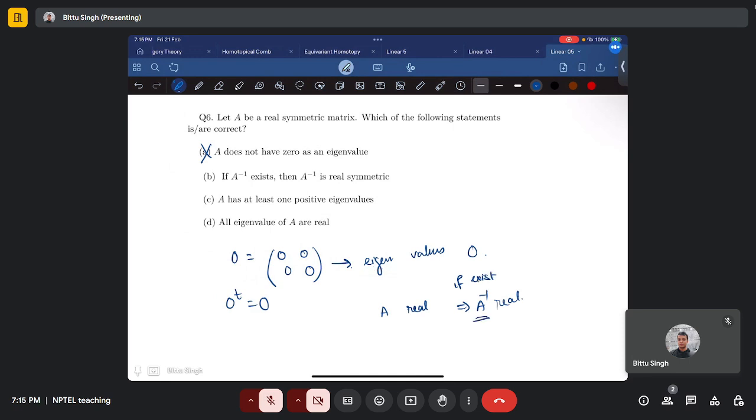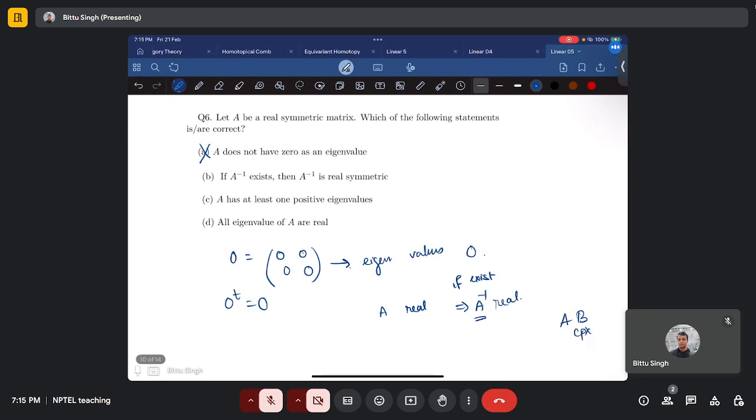Because if A inverse is some complex matrix, that is, A is real and B is complex, then A times B will always be a complex matrix. Because you can check with the first entry of A times B, it is always complex. So if A is real and the inverse exists, then it must be real.